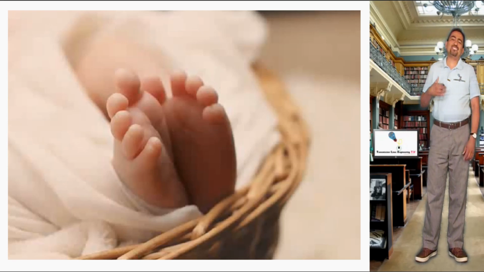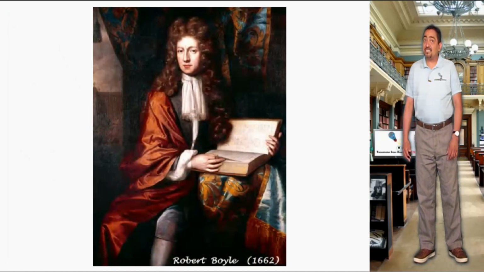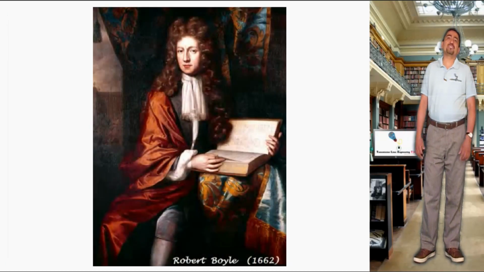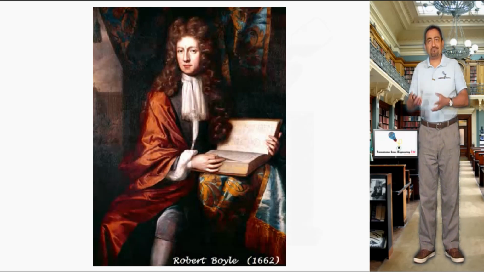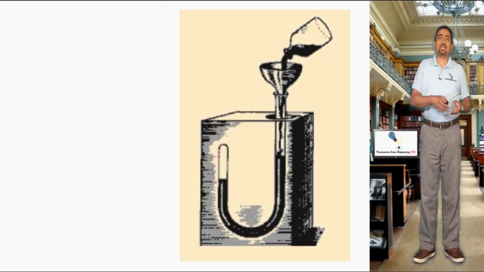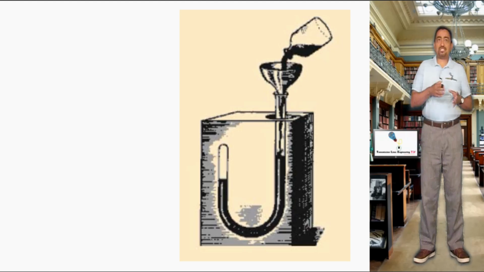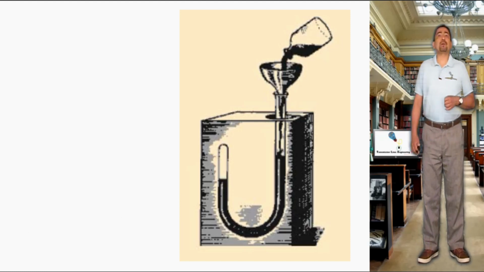The first change of state equation dates back to the year 1662 with the Irish physicist Robert Boyle, who performed experiments in a J-shaped tube in which he inserted mercury and discovered for the first time the behavior of a volume of gas in relationship with the pressure on it. This is known as the Boyle Law, and this law was based on a linear variation.